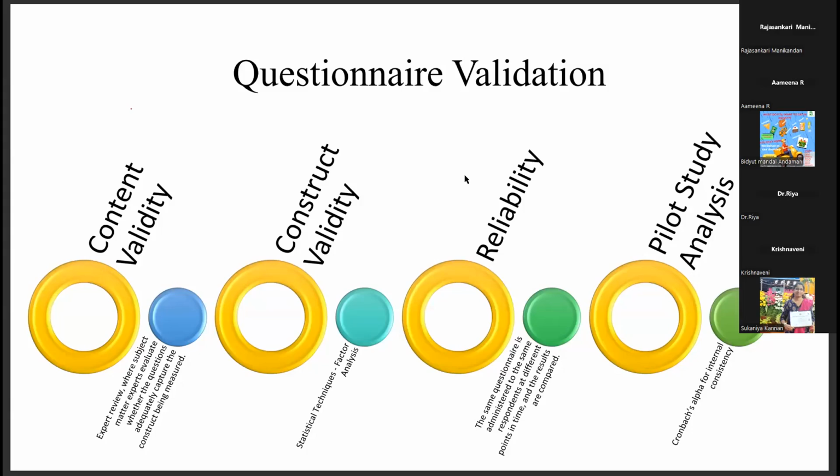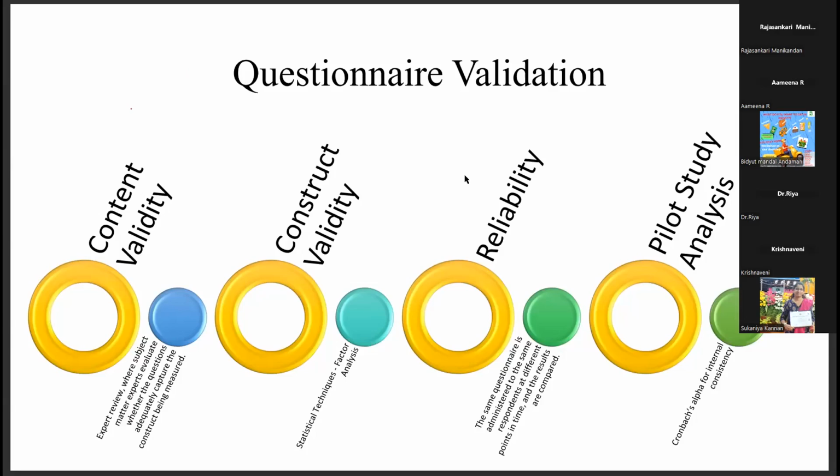So to put it simply, the first is content validity. Content validity you have to do with the experts and the target audience. The next is construct validity. If you have a doubt whether this variable falls under this factor or that factor, say you have nearly 3 to 4 factors and one variable you don't know where to put, at that point you can go for construct validity, or use statistical techniques like factor analysis.